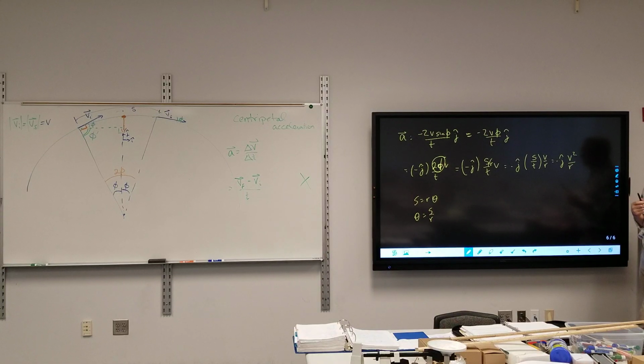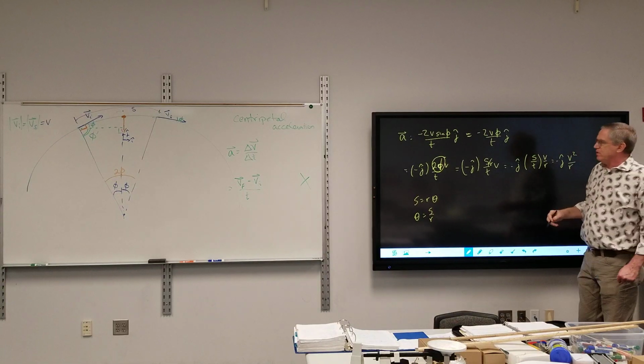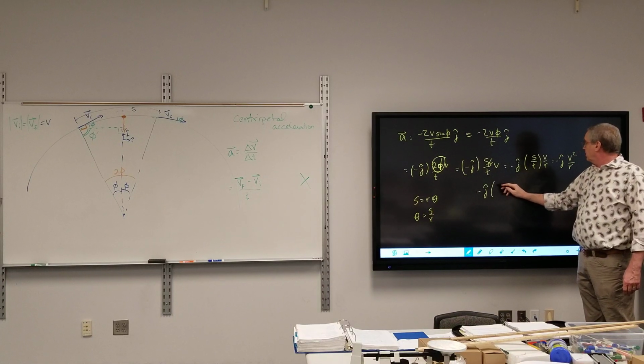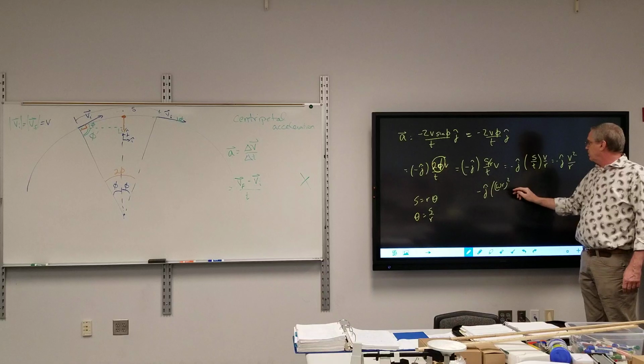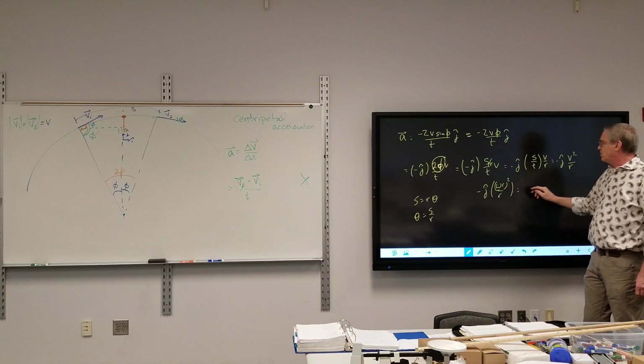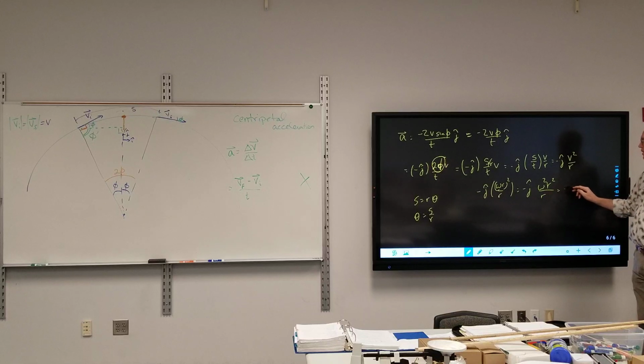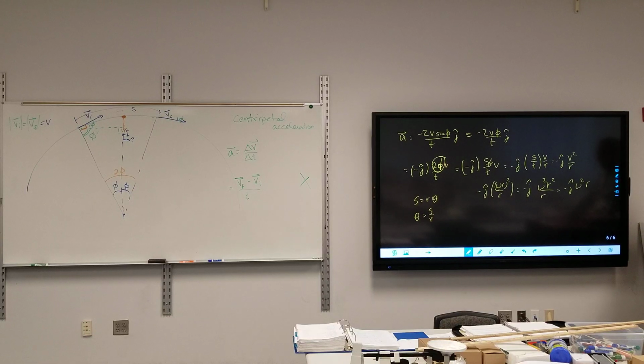Alternatively, we also had the relationship that V is equal to omega R, so this is also negative j hat omega R squared over R, which is negative j hat omega squared R. So, either one, depending on what you're given.